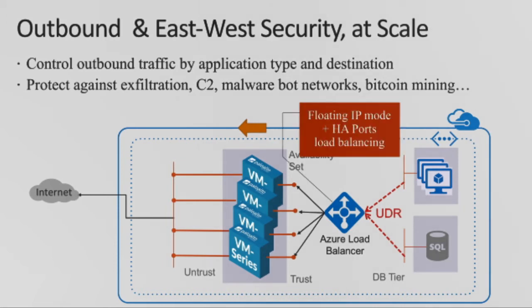So they introduced 2 features. One is called floating IP mode, and I'll explain the technical details in a second. That's been there since the beginning of this year, and I'll show you the details. But the second feature they just announced at this conference is called HA ports. The idea is that the load balancer now does any port, any protocol load balancing.